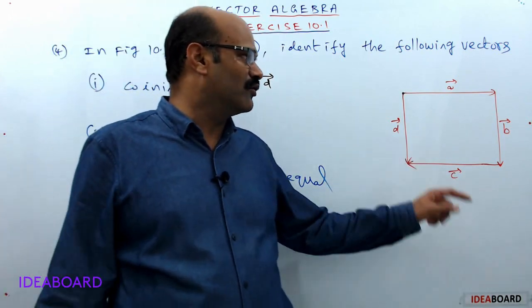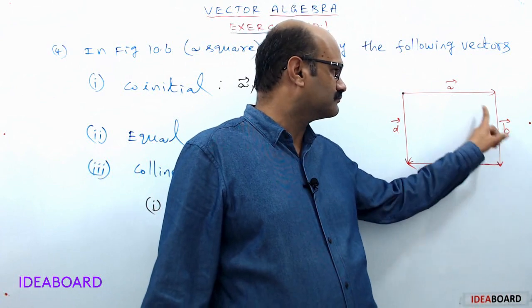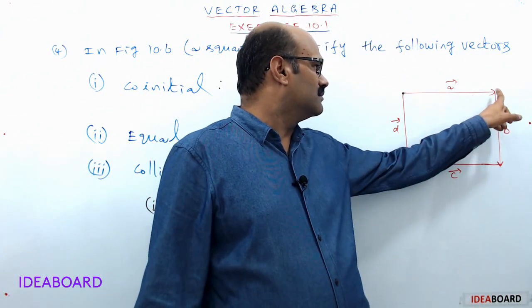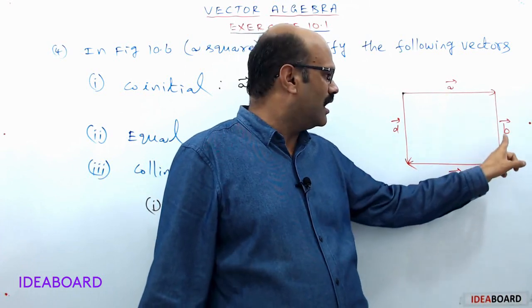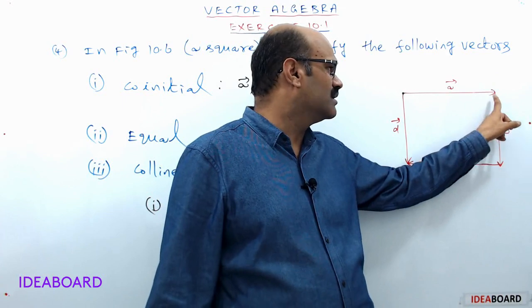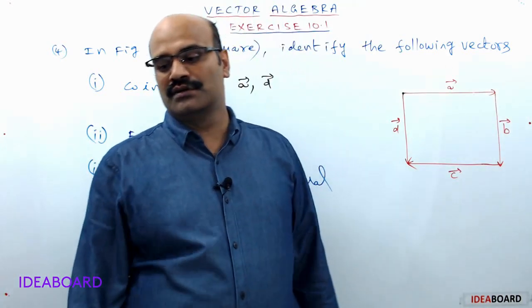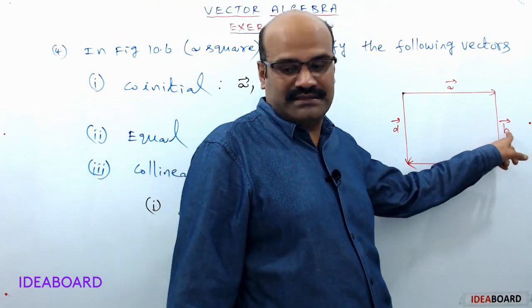Let us verify one more pair now. A vector, B vector. This is the end point of this vector A bar, and B vector end point is this one. These two don't have the same initial point. So these two are not co-initial vectors.